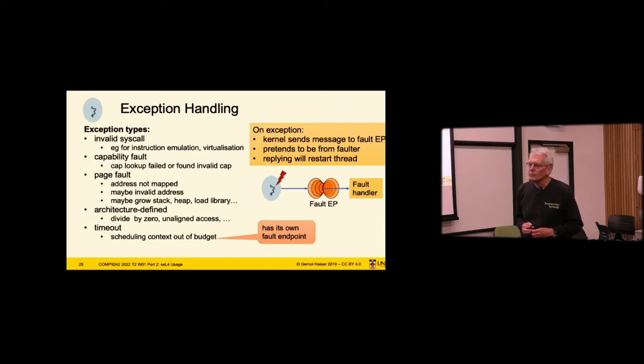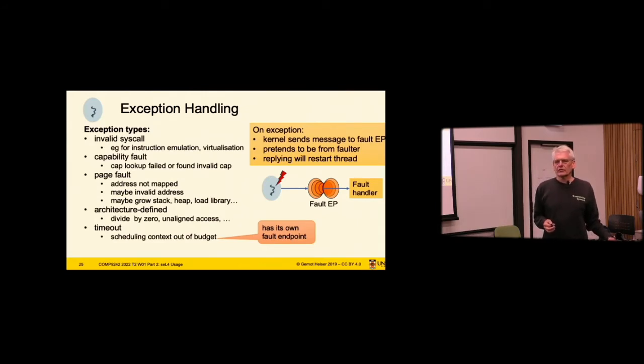Oh, this is what your operating system does, right? In terms of the kernel, it's the user. In terms of your project, you do it. And typically, a typical design would have the same fault endpoint for all the user level threads you create. Same as you have a single syscall endpoint, and they may or may not be the same.